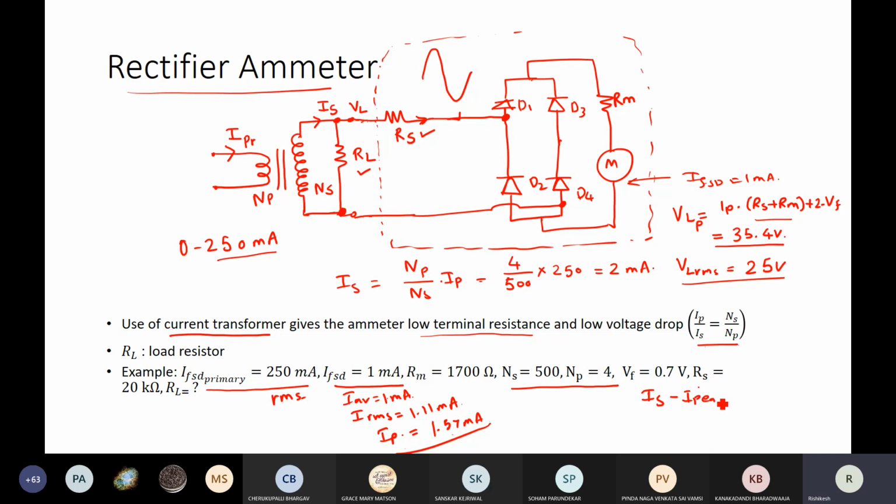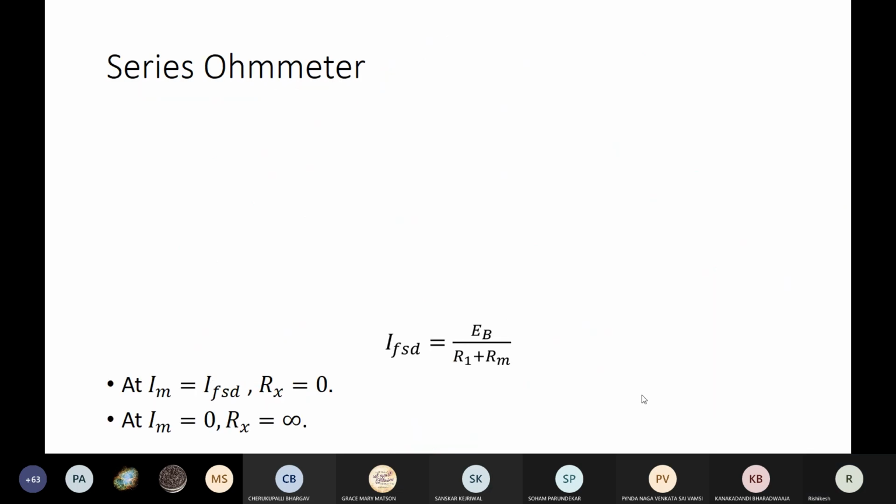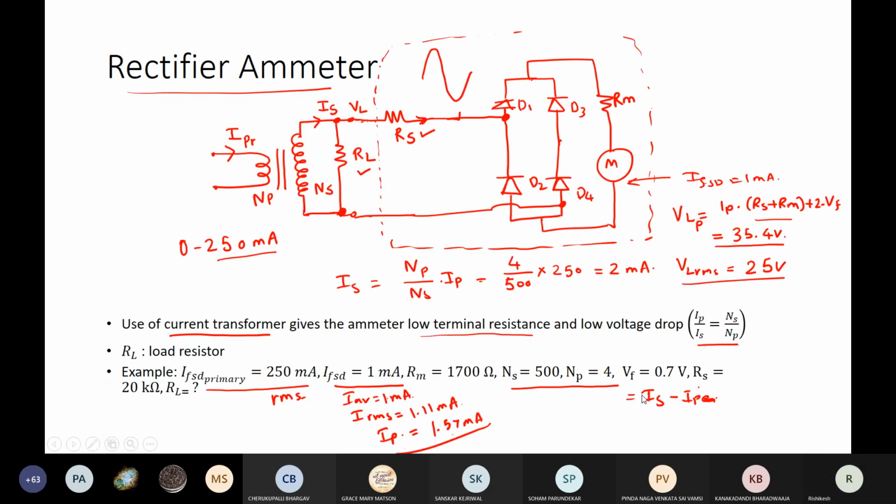Are you sure? How much is flowing through RL? How much is IS? Tell me.